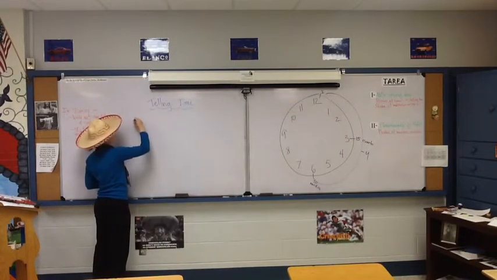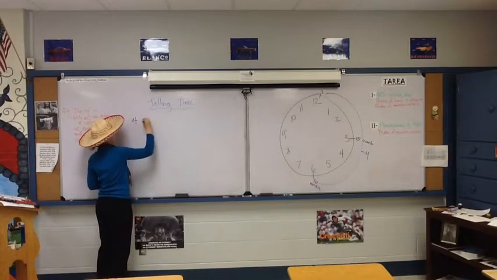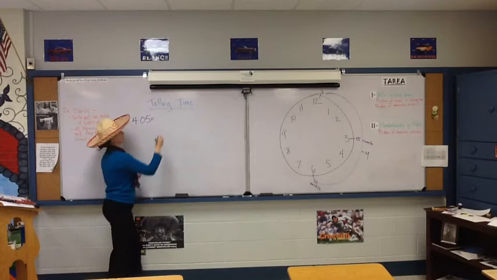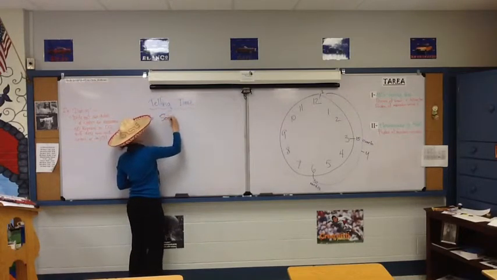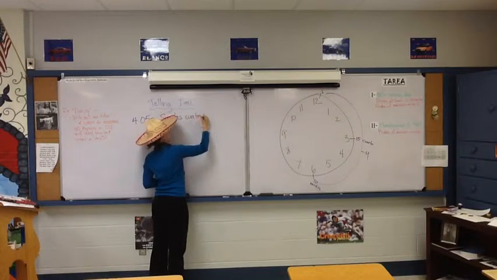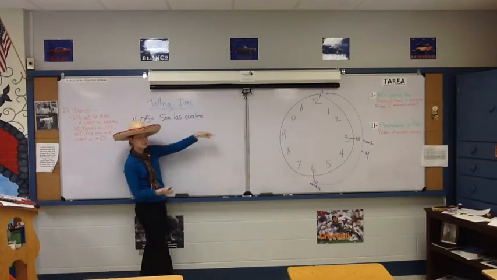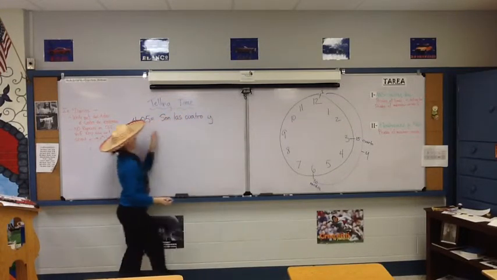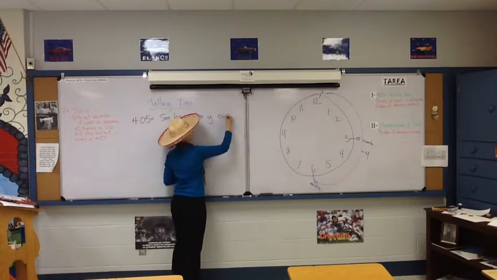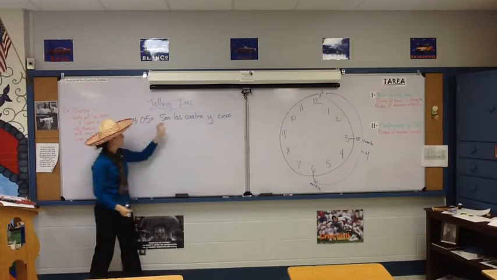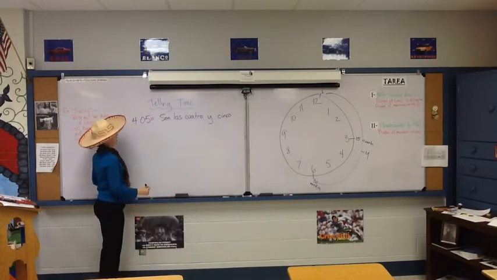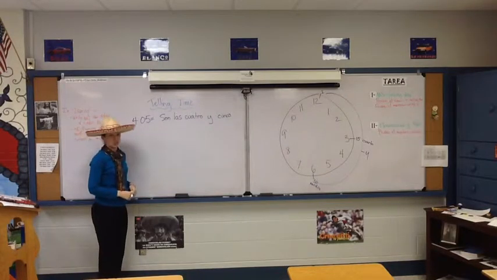If it were 4:05, we need to say it's 4 o'clock, like this. Then we need y, and now we need to say the number of minutes. The hours are 4 and 5 minutes, that's what we're saying. Son las 4:05.